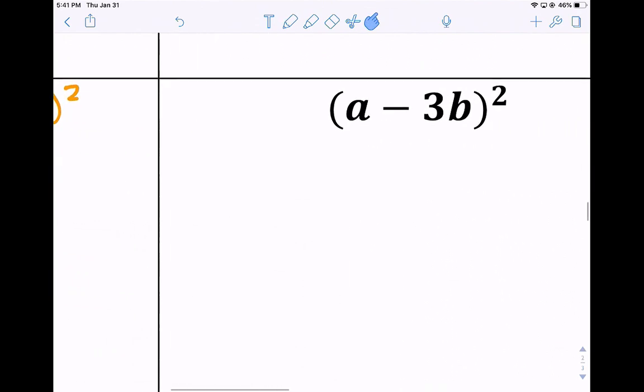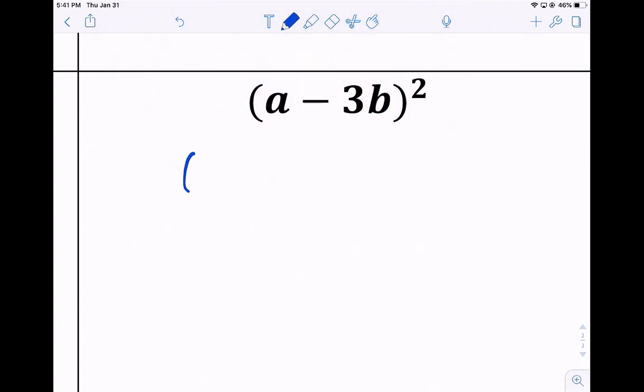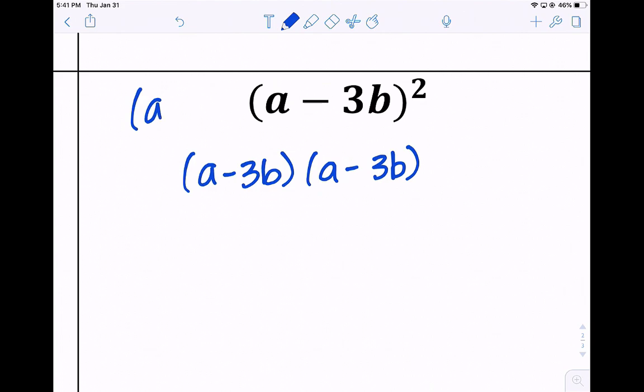And the last one there, a minus 3b squared, so a minus 3b times a minus 3b. Same process. I see I have the exact same thing, so I know that this is a special one that can follow that pattern every time. So I'm going to take the first term, a, and square it, which is a squared.